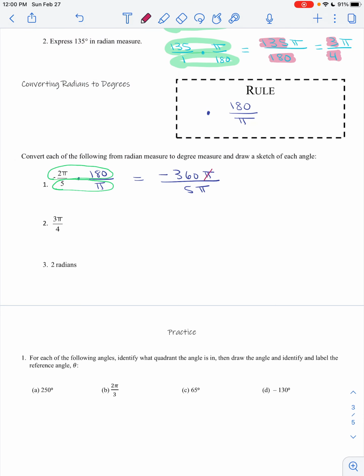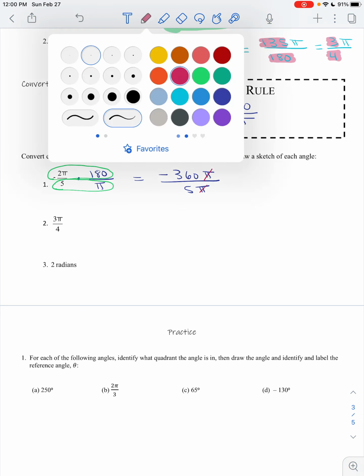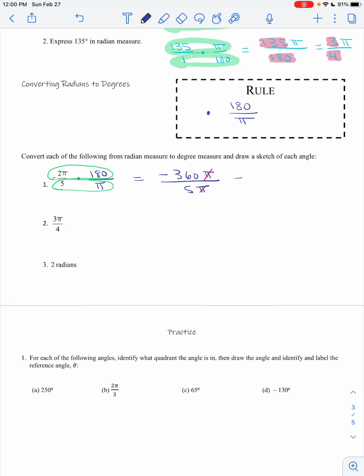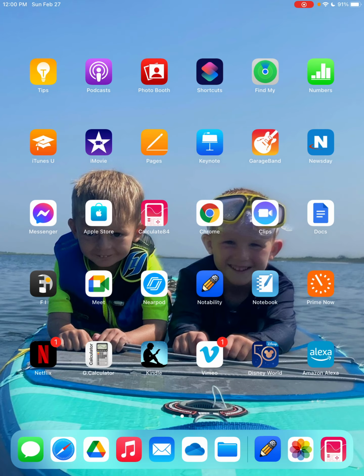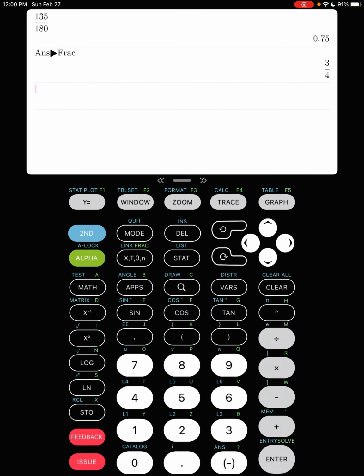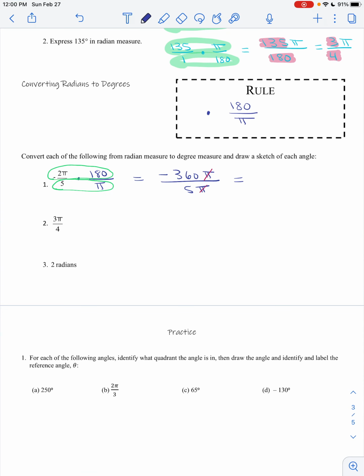And here, the pi's are just going to cancel, leaving me with negative 360 divided by 5, which is going to give me negative 72. So negative 72 degrees.